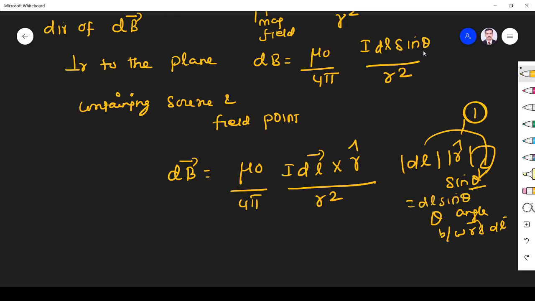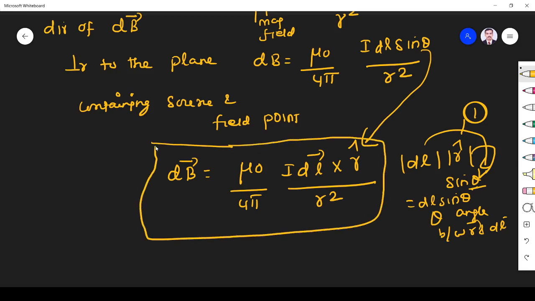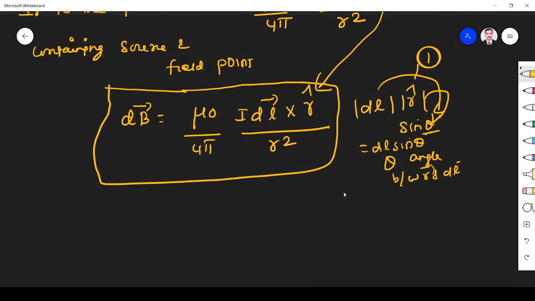So instead of dl sine theta, we replace it with dl cross r. Now it becomes the vector form of Biot-Savart law. This is a very important equation.